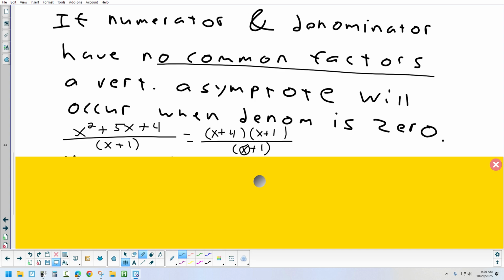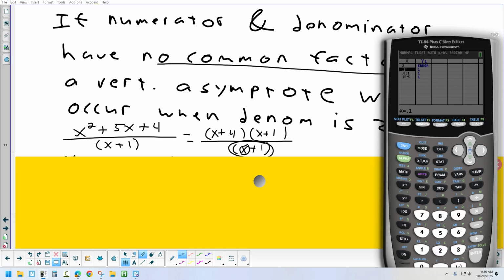You will get a hole in the graph at -1. It's infinitely small, and you can't see it. So this x plus 1 is going to cause a hole in the graph at -1. That's what would happen. If it asked you for the vertical asymptotes in this problem, you would say none. There will not be one.